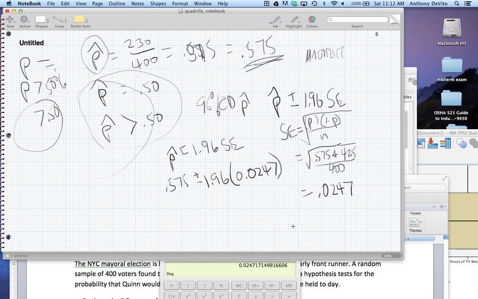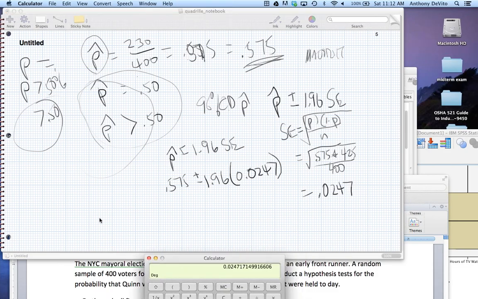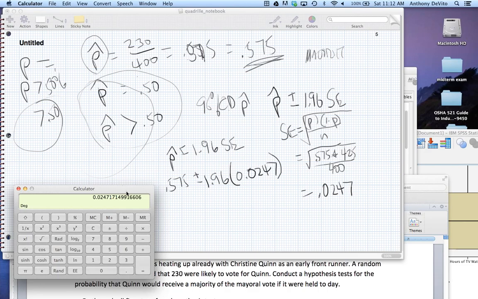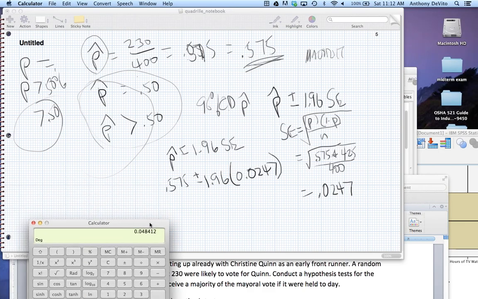Okay, let's see what we get. First, my margin of error. My margin of error is going to be 1.96 times 0.0247, equals almost 5%, right? 0.0484.